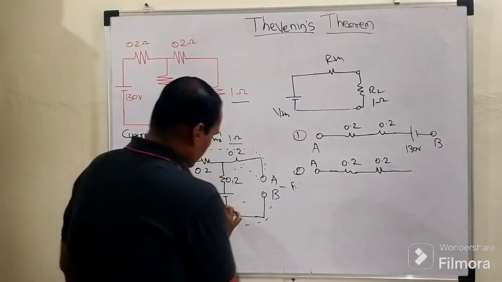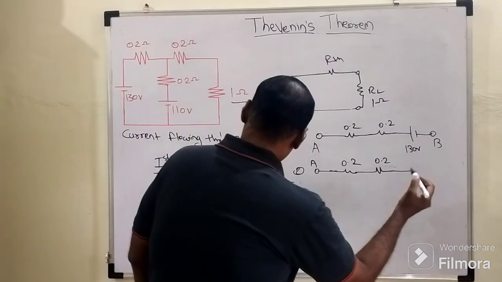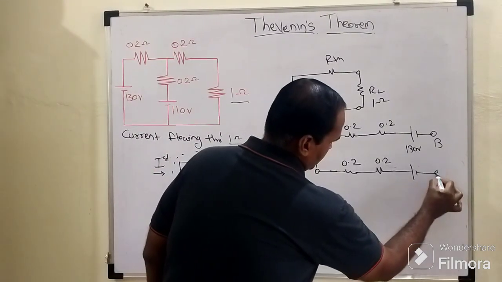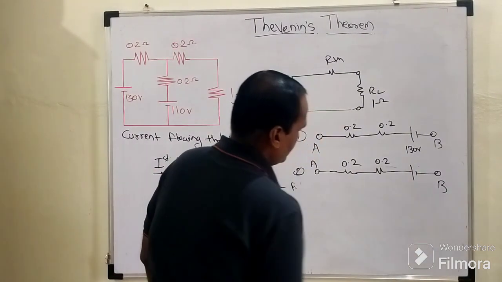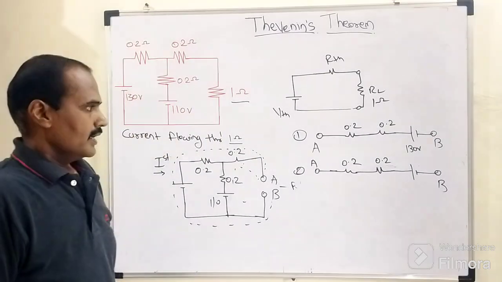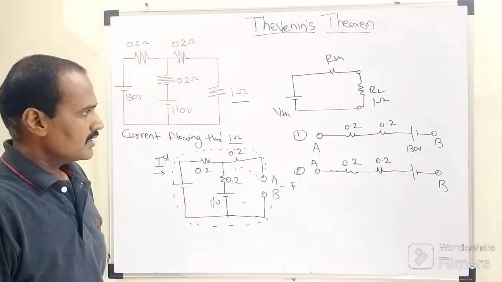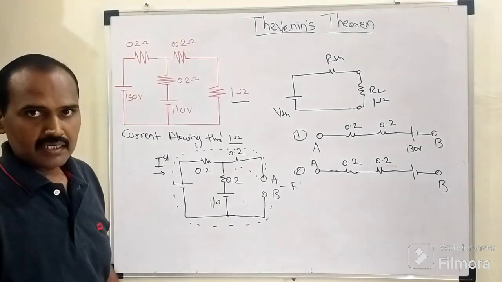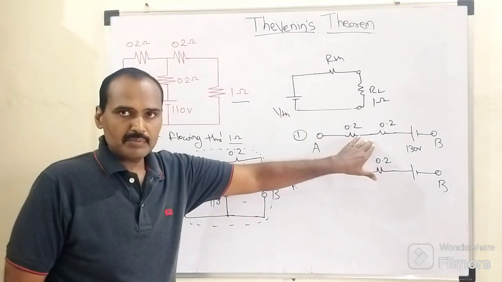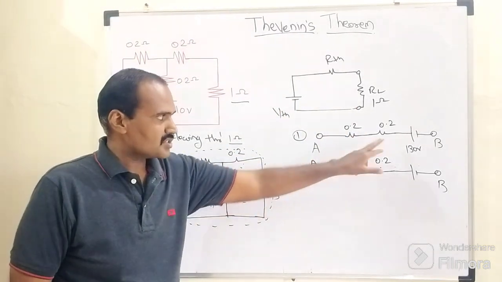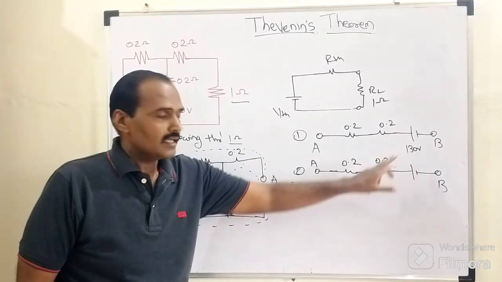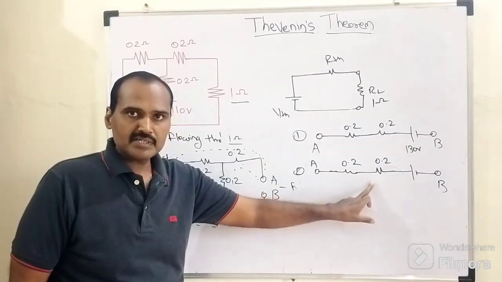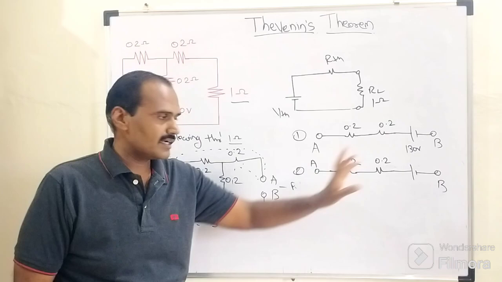Then this will be the voltage source of 110 volt, and we come across to this B point. So as you can see, the outermost path consists of two resistors and one battery, and the innermost conducting path also consists of two resistors and one battery.